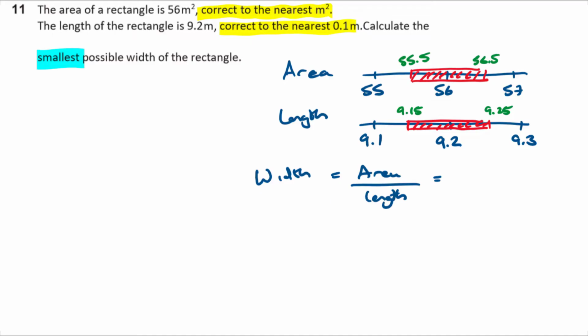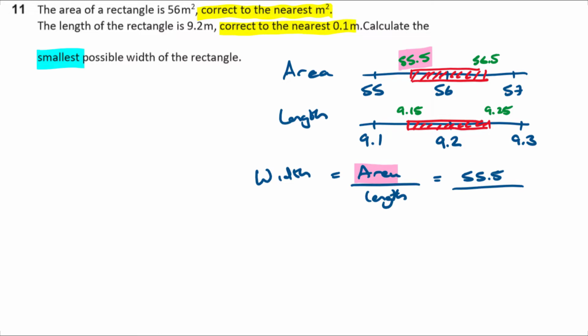Now, with the numerator, I'm going to have to pick the smallest possible area to get the smallest possible width. So this one here, I'm going to pick 55.5, the smallest possible one. Okay. Now, to get the smallest possible width, I need the biggest possible divisor here to get the smallest possible number.